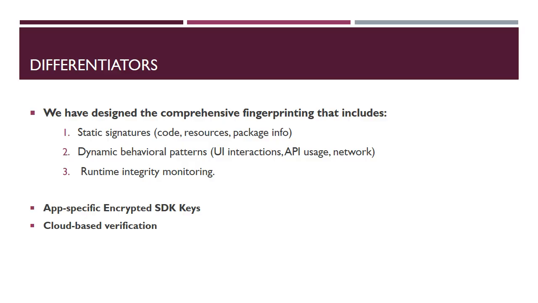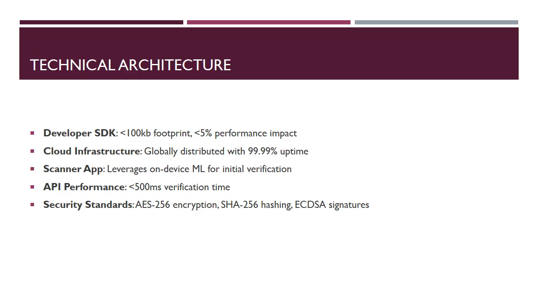Another differentiator is the cloud-based ML verification. We use machine learning code deployed on the backend or cloud that enhances the verification algorithm. The developer SDK has a very small footprint, less than 100 kilobytes, and 5% performance impact.